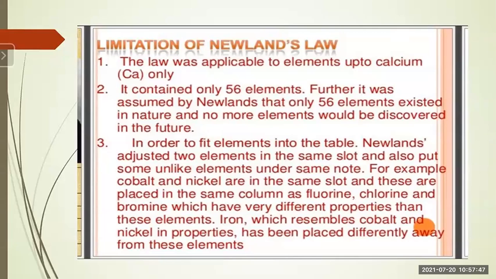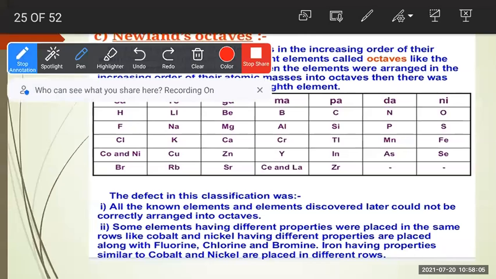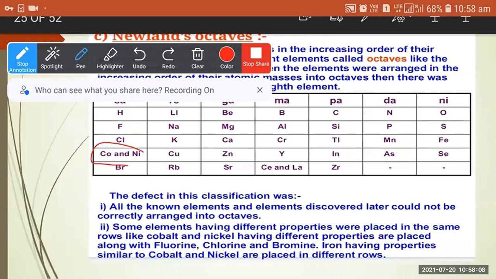And iron, which resembles cobalt and nickel in property, has been placed away from these elements. So this is also a defect, that he tried to adjust two elements in the same slot, like cobalt and nickel placed in the same box. It is not the case that two elements should be placed in the same slot. So this was the defect in his classification.